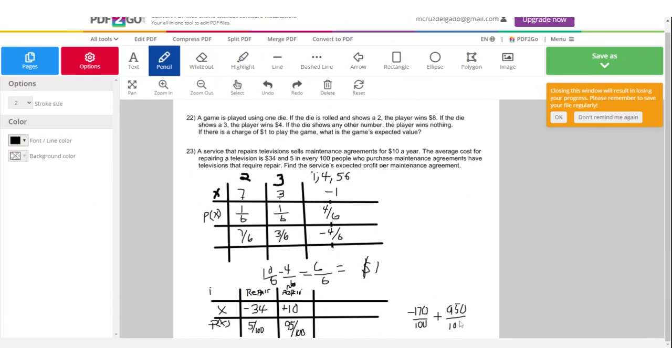So when we add these two up, we're just going to subtract. So that's going to be 780 over 100, which is $7.80.